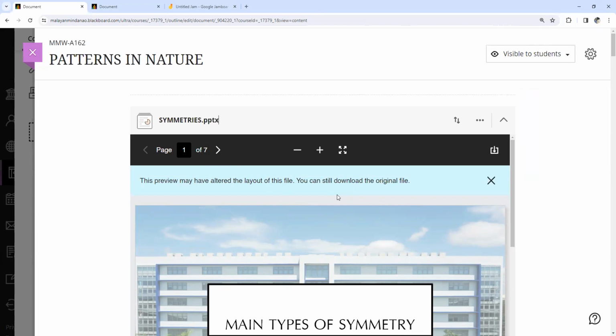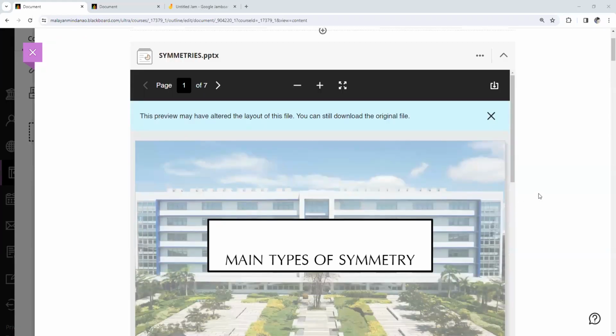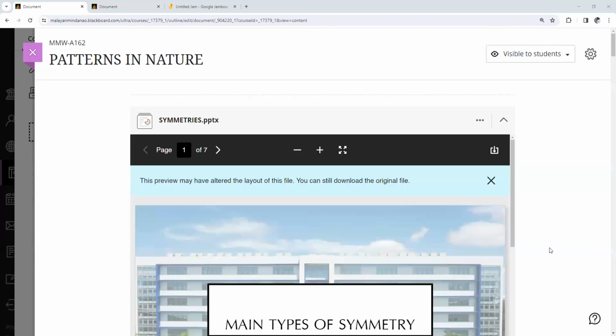And for patterns in nature, the reason why we are studying this in mathematics in the modern world is because I do believe that the invention of mathematics is inspired by the fact that we see patterns all around us in nature.